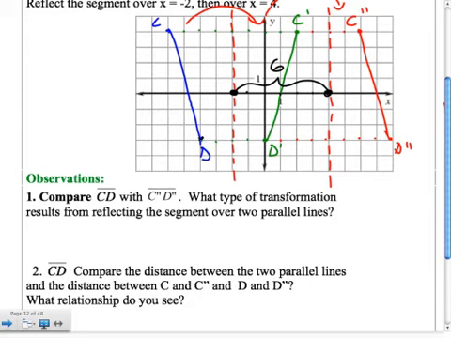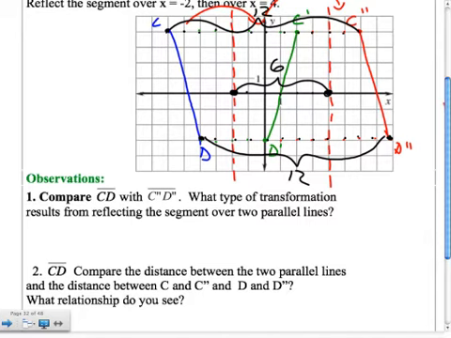So here's D double prime. I just count 1, 2, 3, 4, 5, 6, 7, 8, 9, 10, 11, 12. So the distance here is 12, and then I go from C up here 1 through 12. So that distance is also 12.